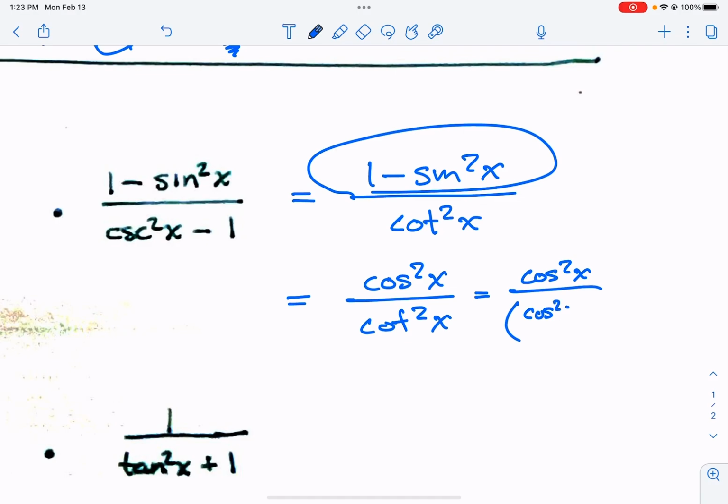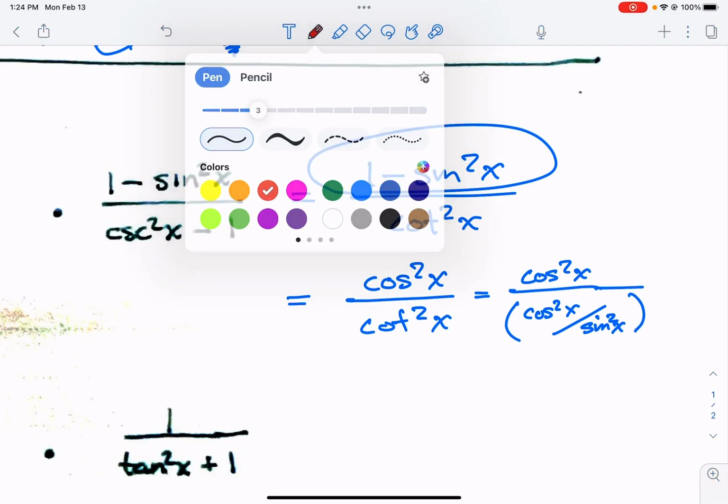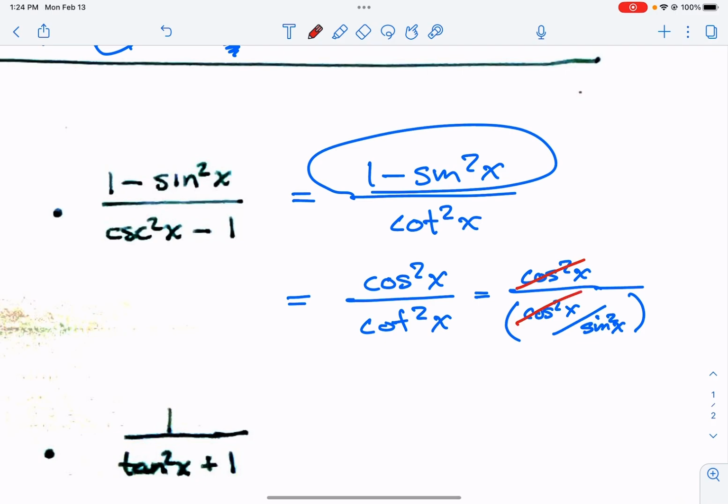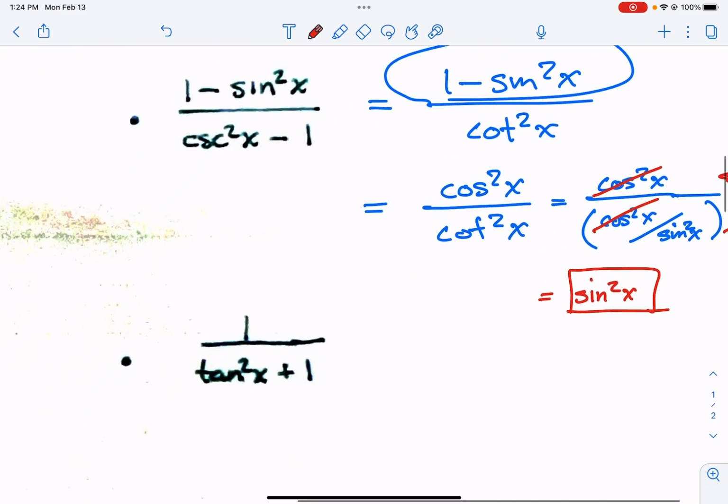So we could rewrite this way, because we have cotangent squared, and notice these cosines cancel out, which is really nice. The sine goes up to the numerator. So at the end of the day, we just have sine squared of x. Nice. All right, let's keep going.